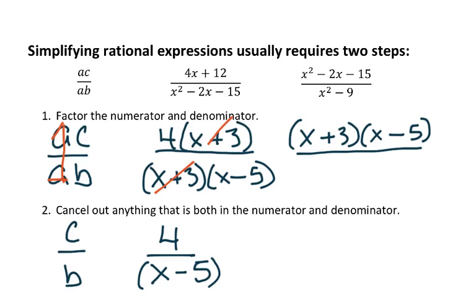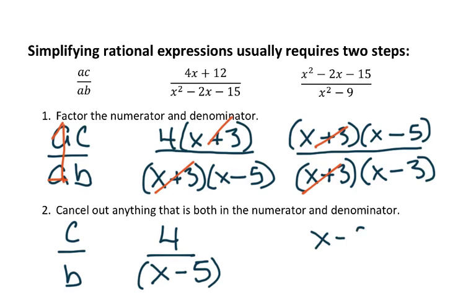So I can factor this to become x plus 3 times x minus 3. Now, I look to see what I can cancel. I can cancel out the x plus 3's, and I will be left with x minus 5 over x minus 3. Great. So this is how we simplify.